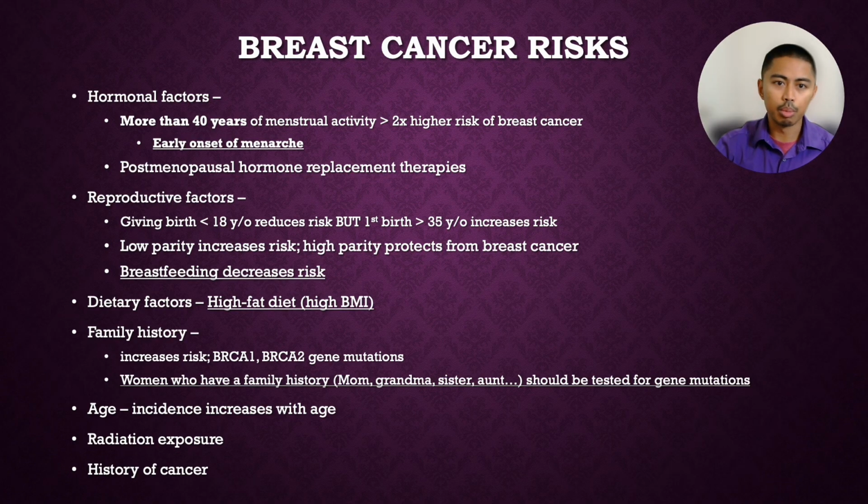With all of this, just remember, if you have early menarche, it raises your estrogen years and increases your risk through prolonged exposure. And breastfeeding helps decrease estrogen exposure. And remember, if women have a family history, it increases your risk, so they should be tested.